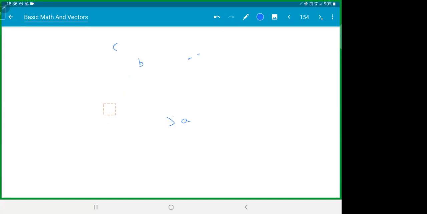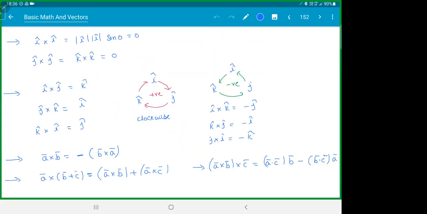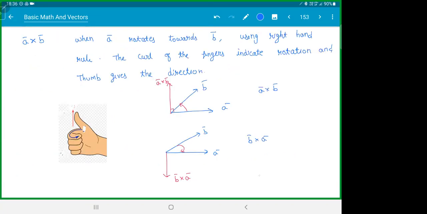That is the reason, if you see, last time we wrote A cross B is minus of B cross A. Both the vectors are in opposite directions. A cross B bar is minus of B cross A bar. Have a look at this. So if I give you two vectors, then you can find the cross product using this.